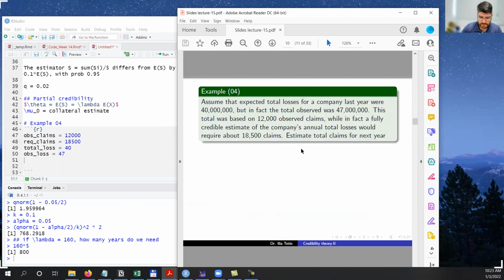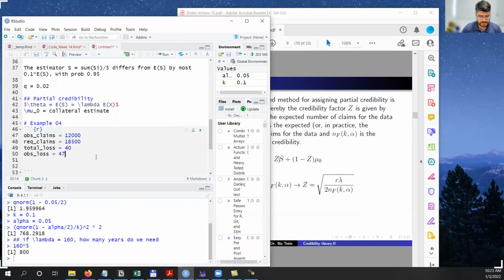Okay, so let me place the formula here. The square root of observed claims over required claims, times what we observed, times the observed losses, plus 1 minus this thing.